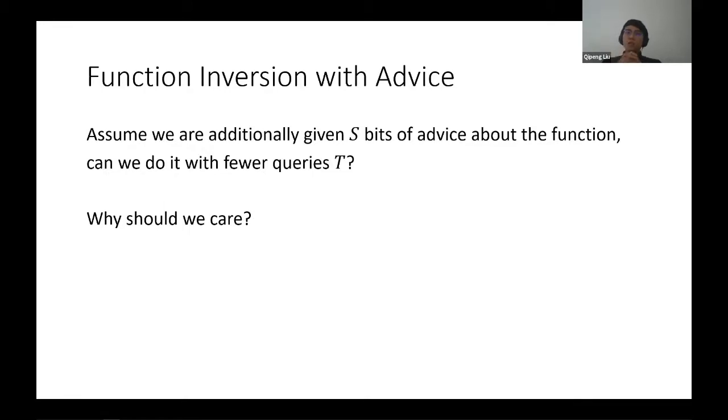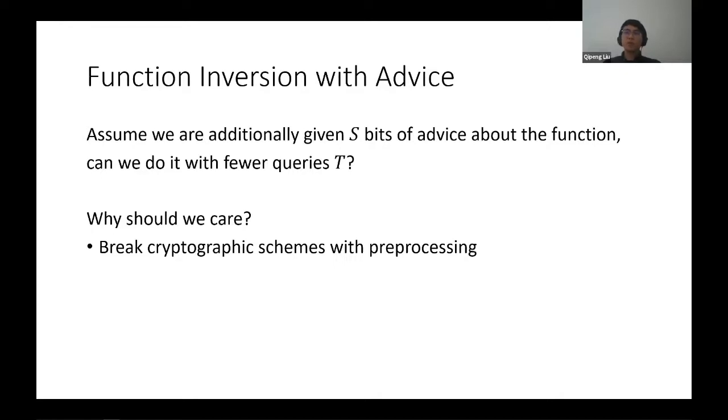In this work, we're interested in the following problem. What if we can provide an arbitrary amount of advice about the function, and then use the advice to do function inversion with fewer queries? This is a real threat to practical cryptography. In practice, breaking a crypto system is usually doing function inversion over some publicly known function f.